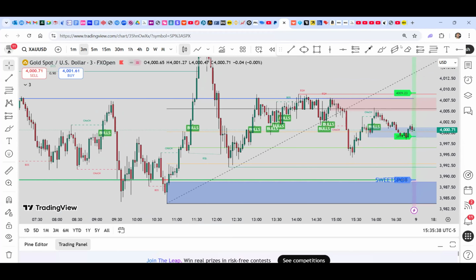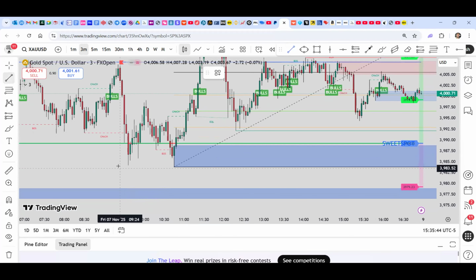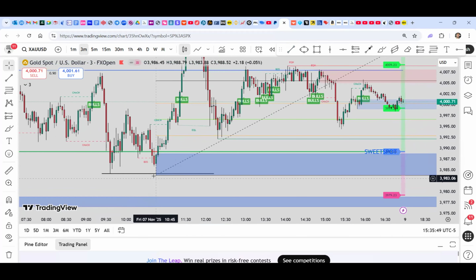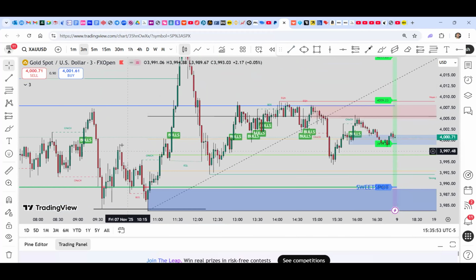What I would usually do is, once it taps into my zone and I see rejection coming out, especially where I saw this low right here, price dipped below it and came back up immediately, rushing to the upside and breaking minor structure here. What I would do typically is take my long position.